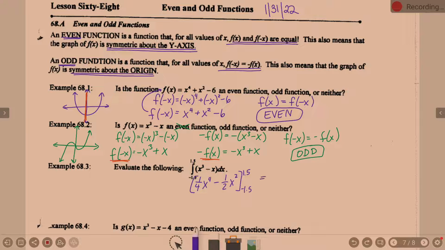As I do this, I wrote it as 1/4 x to the 4th, but I'm also going to make it look a little bit neater. I'm going to say 1.5 to the 4th divided by 4. Does that work for you guys okay? I'm putting in the 1.5, minus 1/2 x squared, so that's going to be 1.5 squared divided by 2.